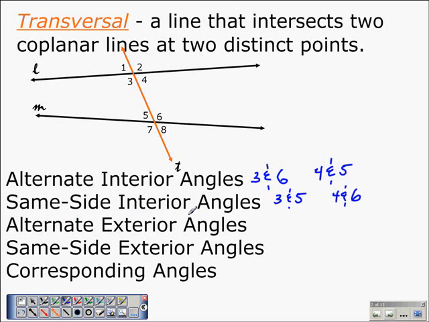Alternate exterior angles, instead of being on the inside, they're going to be on the exterior or on the outside of the lines. They will alternate sides. So in this diagram, angle 1 and angle 8, also angle 2 and angle 7.